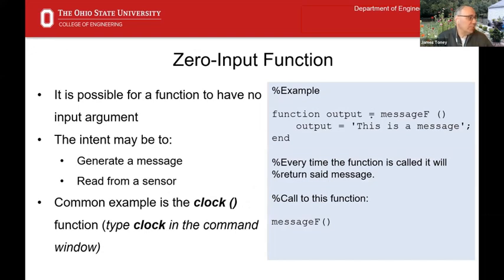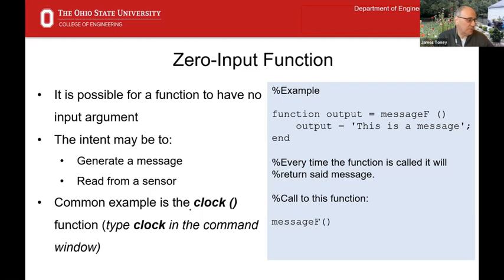All right, this just makes the point that we always say a function has input arguments and output arguments, but actually both of those are optional. Here's an example of a function that has no input argument. Okay, you don't pass it anything, it just always does the same thing. So one example of that, it's a built-in function in MATLAB, is the clock command.